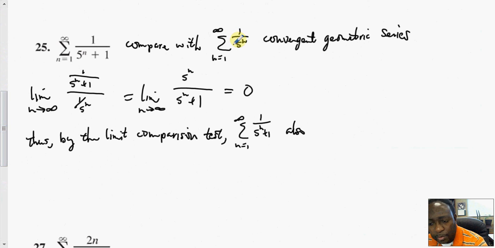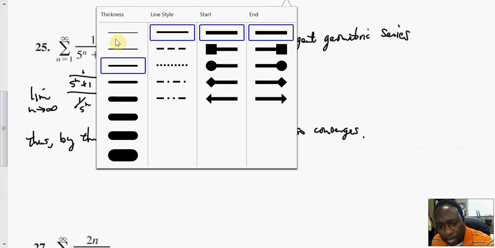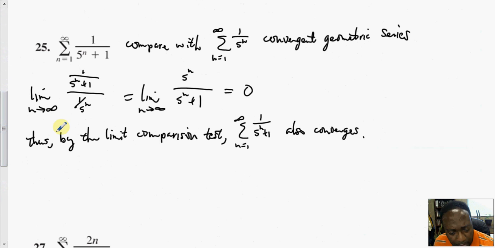This comparison was to a known convergent series, so this also converges. I was for certain, let me put it in blue, I was for certain that I looked at that sometime.